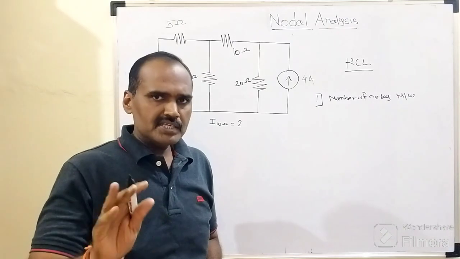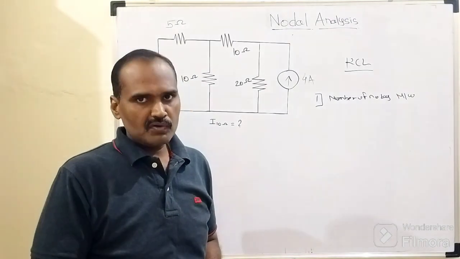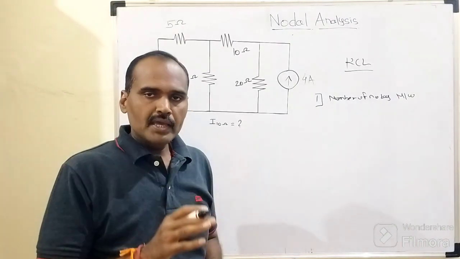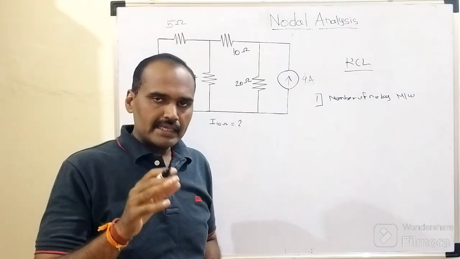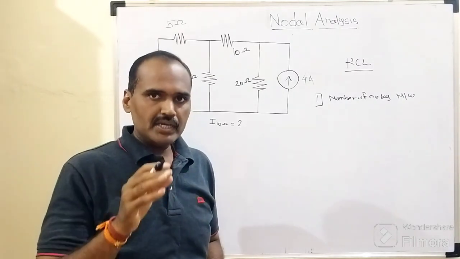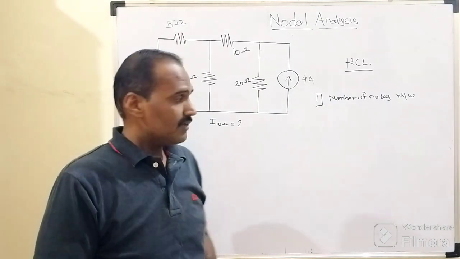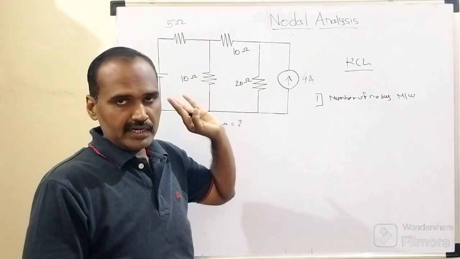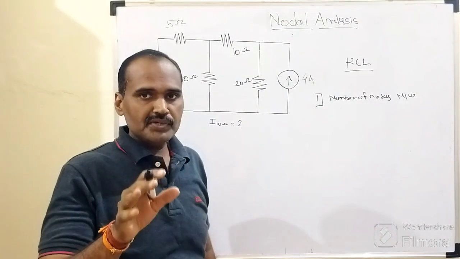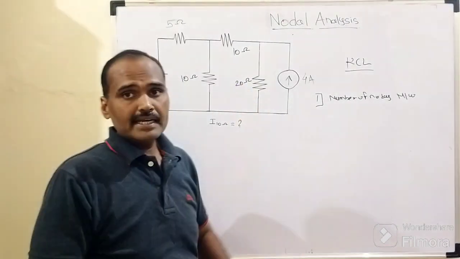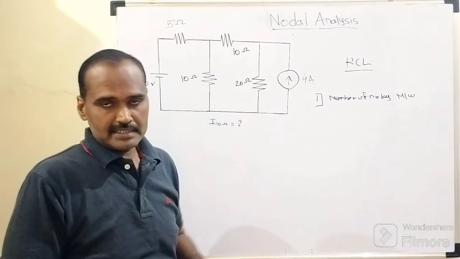This is a very simple statement of KCL. So we need to apply KCL to each and every node once the total number of nodes is detected from the existing network. This is the way by which we can analyze the circuit by using the nodal analysis technique, right?